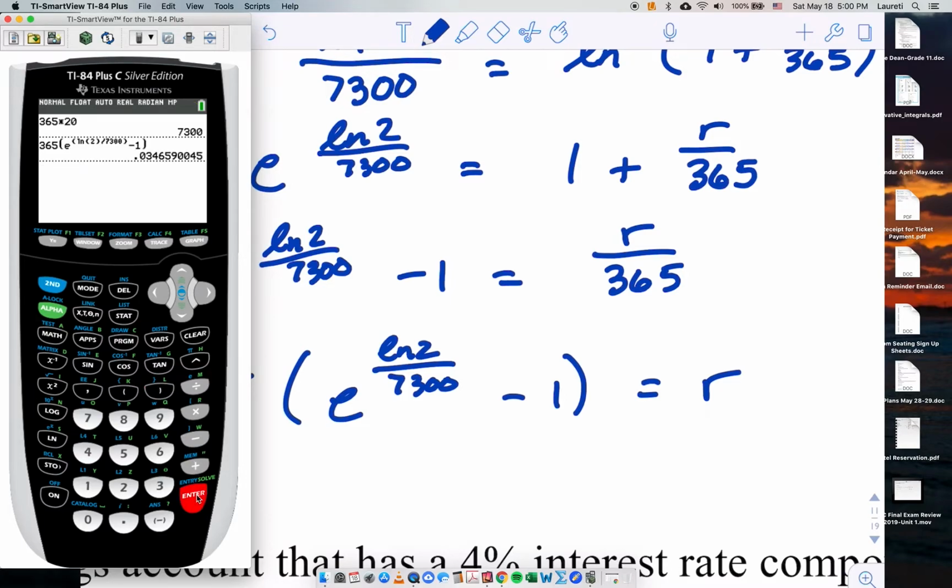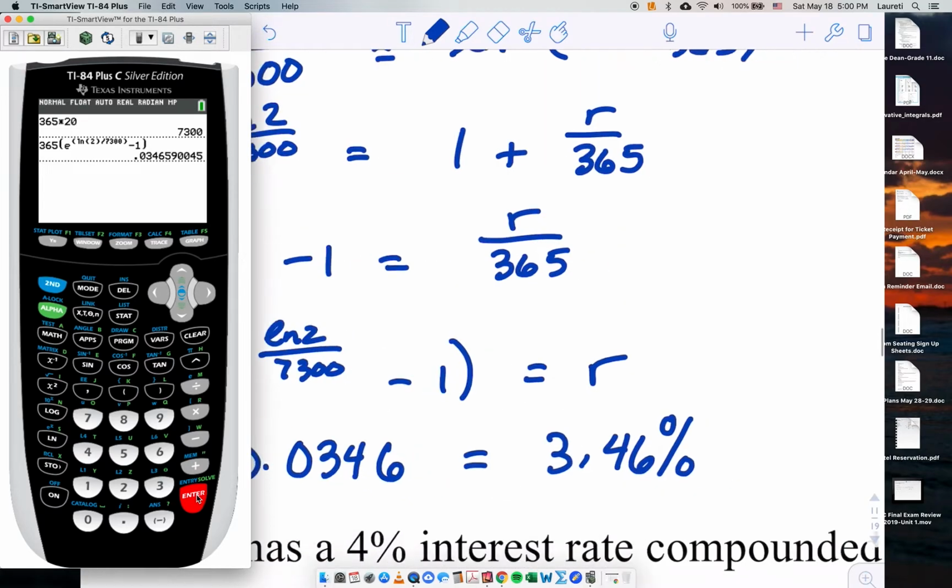Okay, so I get R is 0.0346, which comes out to be a 3.46% interest rate.